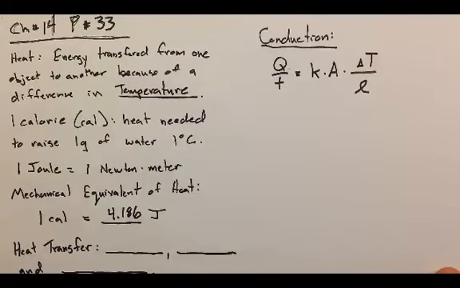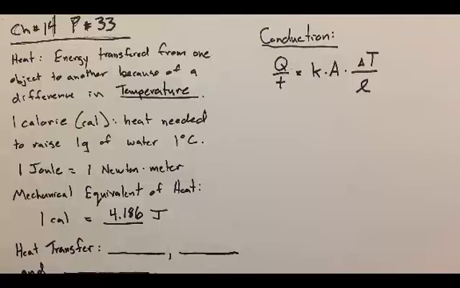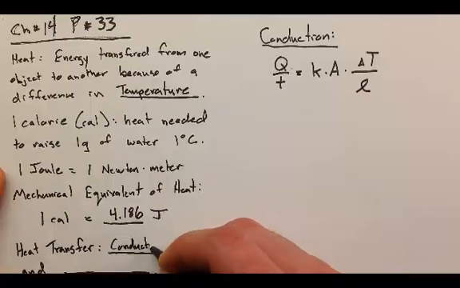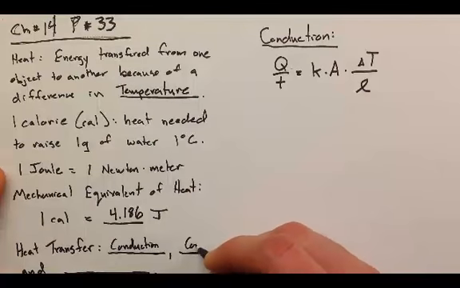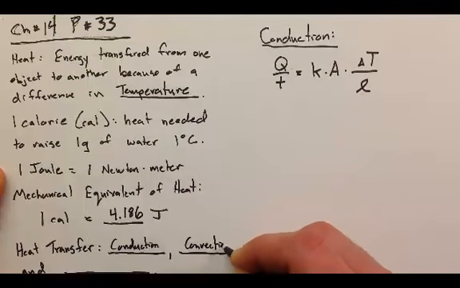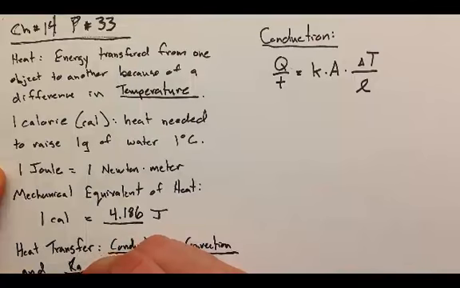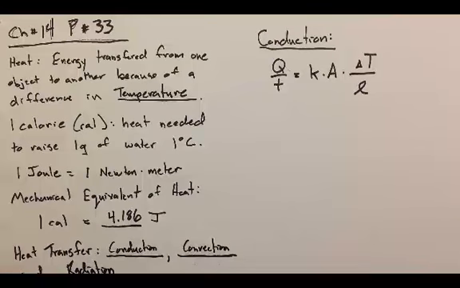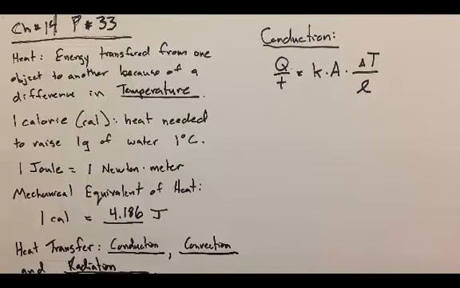There are 3 ways in which heat can transfer from one object to another. And they are conduction, convection, and radiation. Conduction is when a hot object is in physical contact with a colder object and heat flows between them.